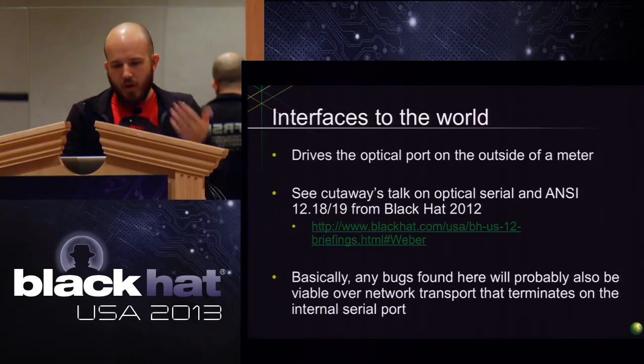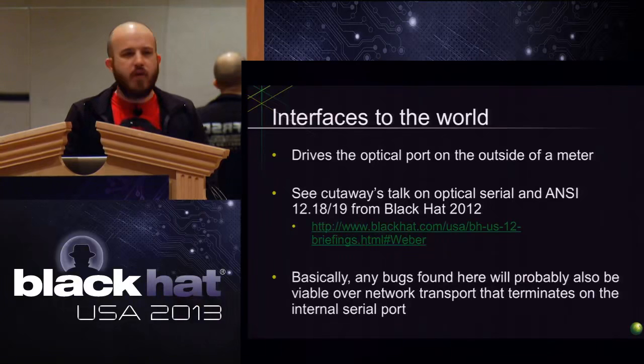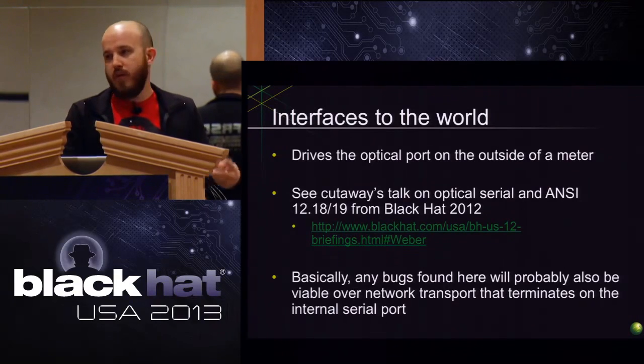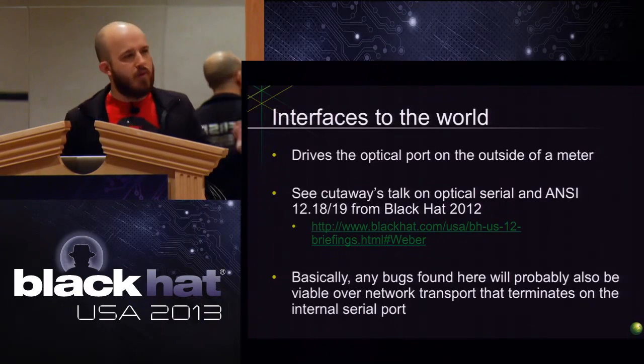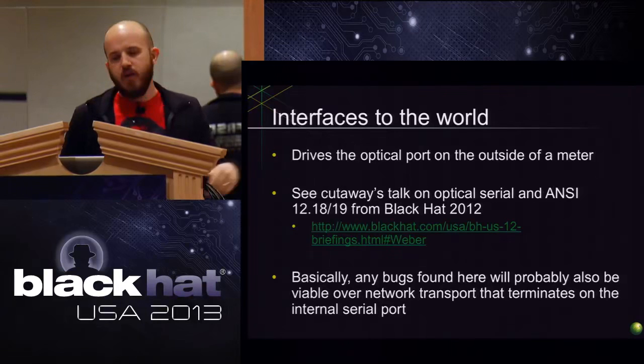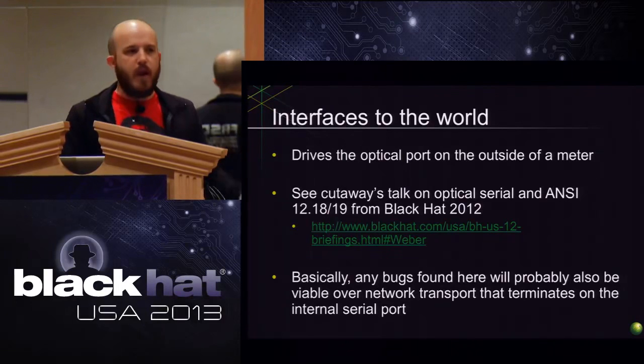Right, so, plug in Cutaways talk. Any bugs found on that side will likely be found on the inside, because of the way the standards work. They're using either the same or a very similar ANSI standard on both ports. So whatever you're able to find on the outside via Cutaways tool, for example, if you just happen to play with that, something very similar would likely be also triggerable over the network side.